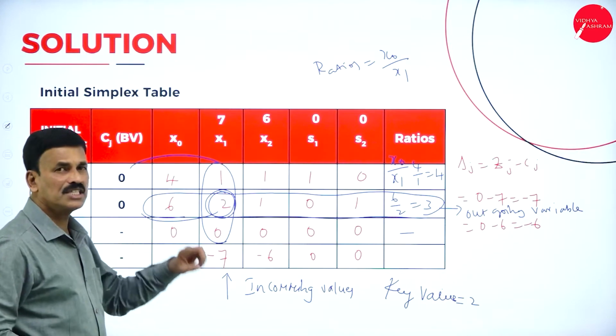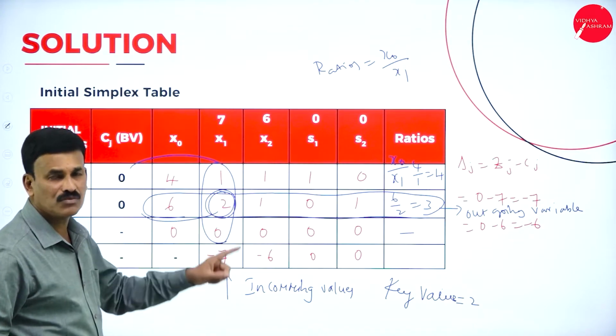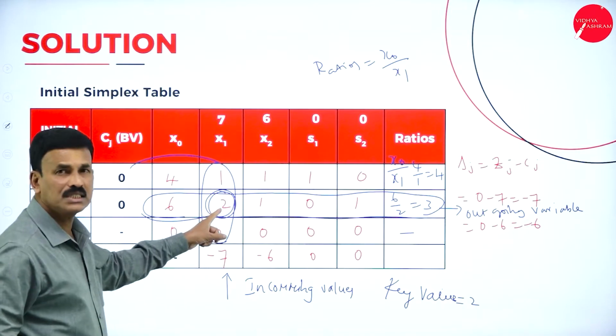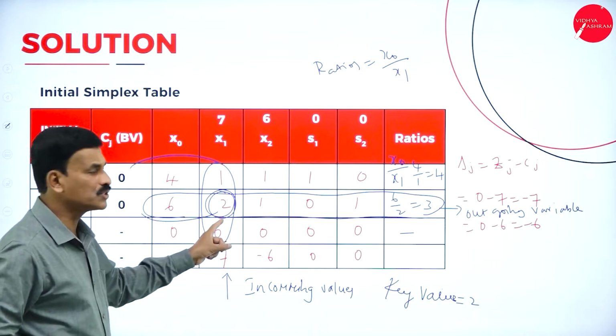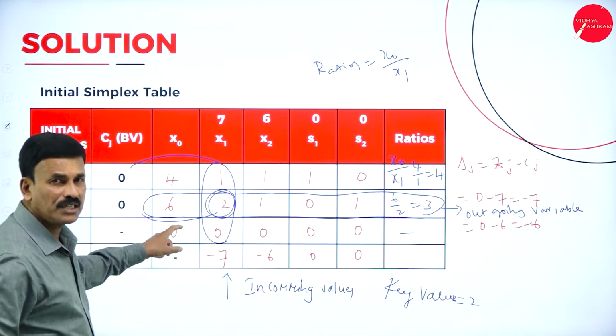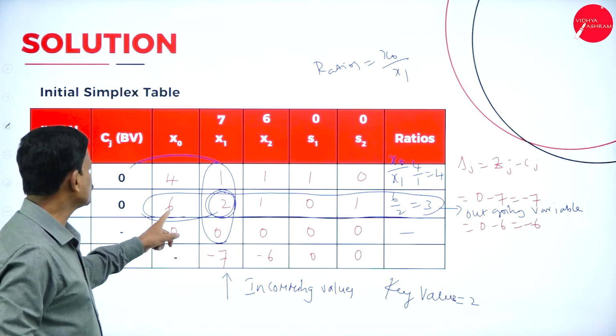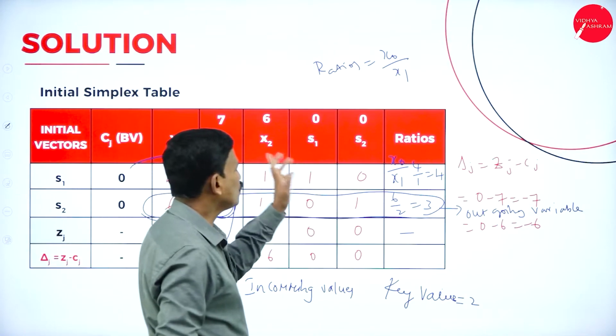The next step is to convert this key element to 1. To do that, divide the entire row by the key element, that means divide the second row R2 by 2. R2 is equal to 6 by 2, 2 by 2, 1 by 2, 0 by 2 and 1 by 2.